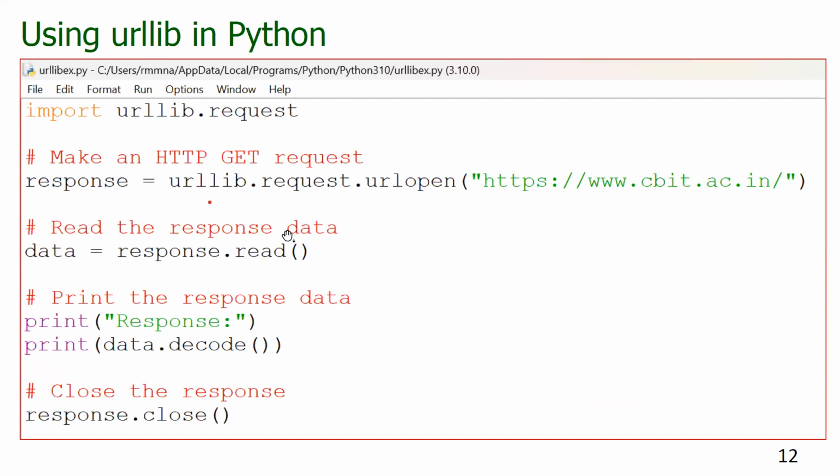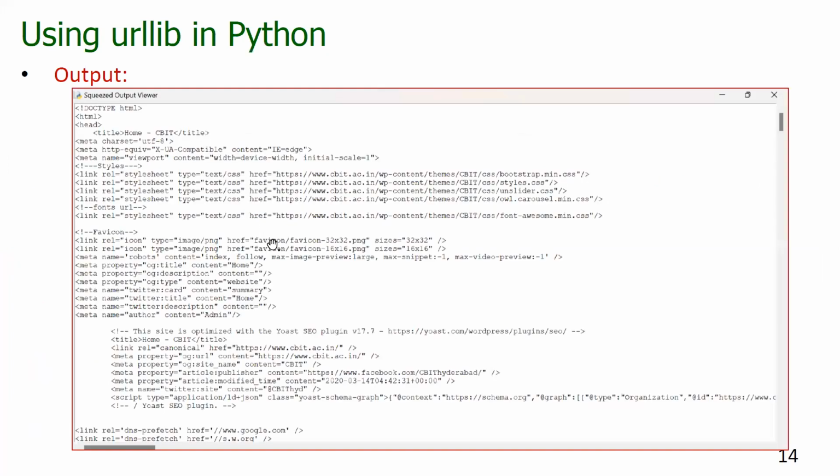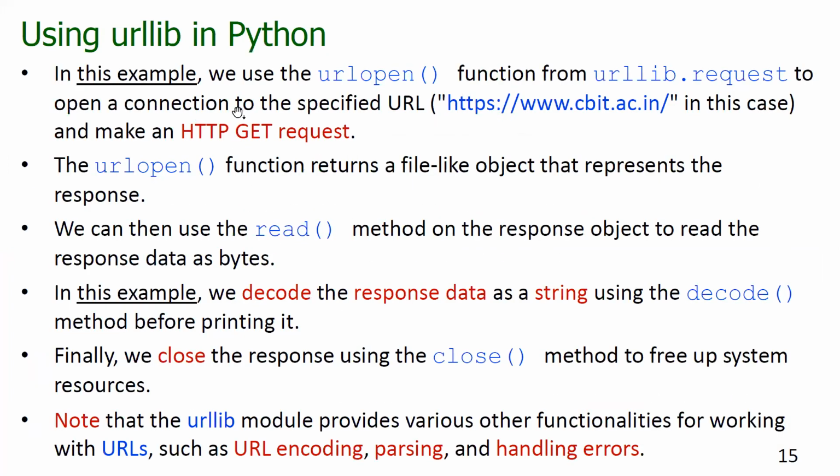We have some more examples using the same methods we used in this program: HTTP GET request, urlopen, read method, decode method, close method. Comparing the previous program to this program, the new method here is urlopen. So what does the urlopen function return? A file-like object that represents the response of the given URL. The read, decode, and close methods were already included in the previous program, with the same purpose.